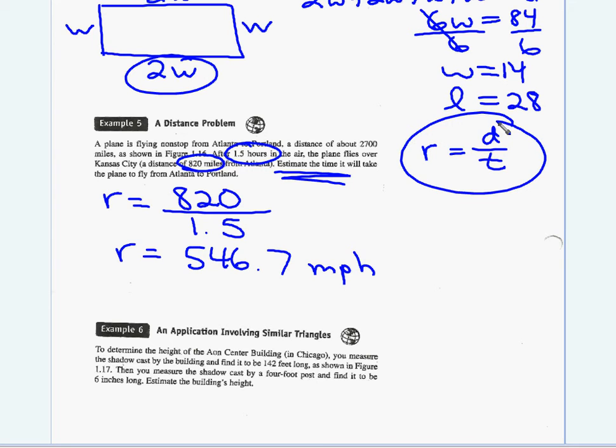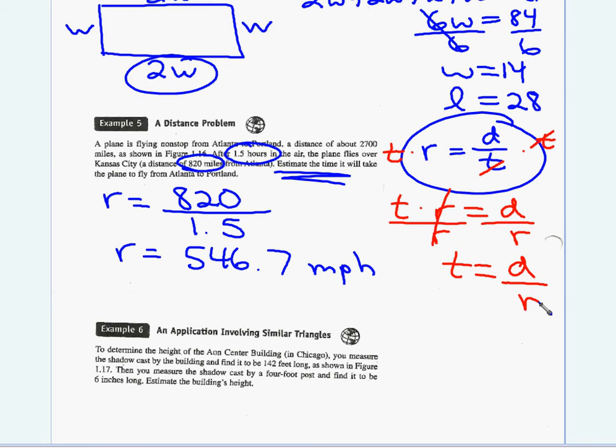Rate equals distance divided by time. I would multiply both sides by t. T times r equals distance. The t's will cancel. And I would divide both sides by r. And so now I can find the time it takes by dividing the distance by the rate.